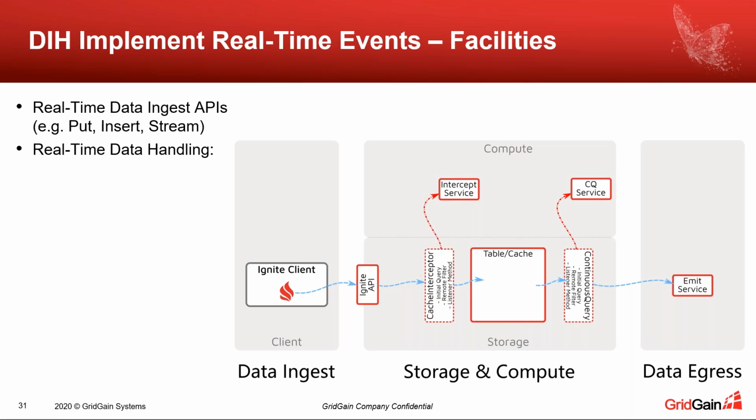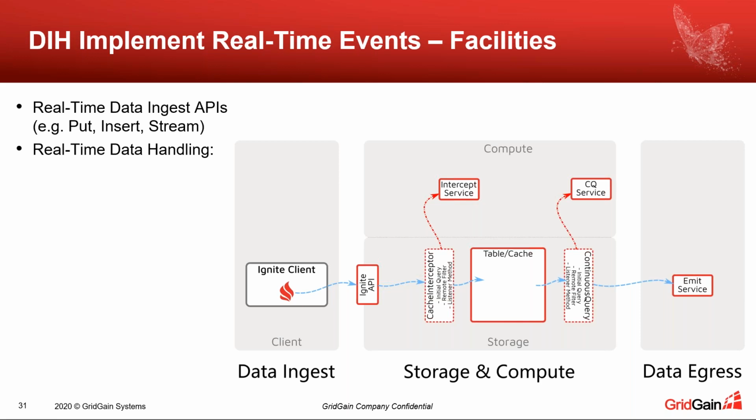We may not want the data to be inserted or put, because on looking at it, we might see that there's an existing value there already, and the cache interceptor has the ability to get in the way of or filter out data that might not be of interest and call services or rules to check on that logic. You notice how in the diagram I got it in front and interjected between the Ignite API and the actual cache, the table.